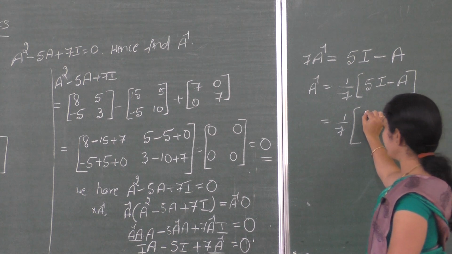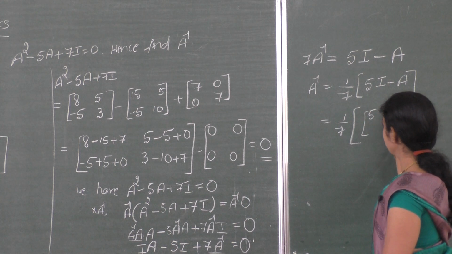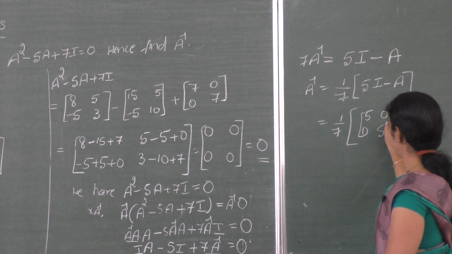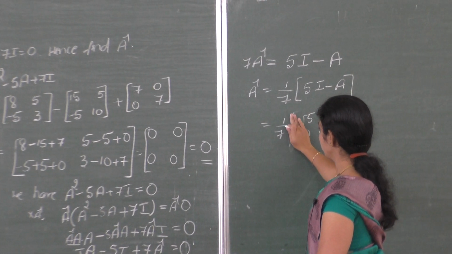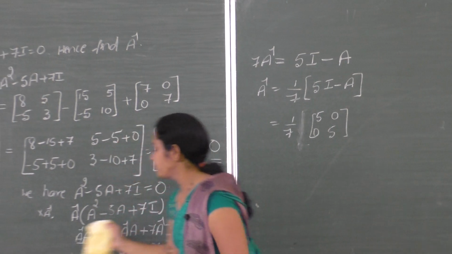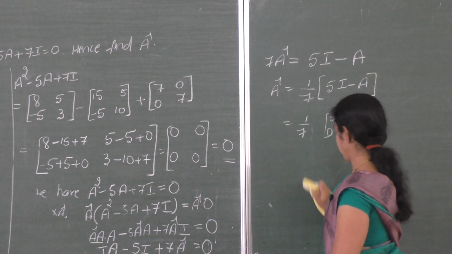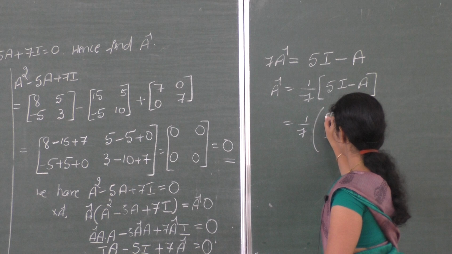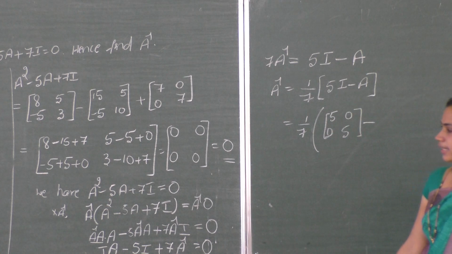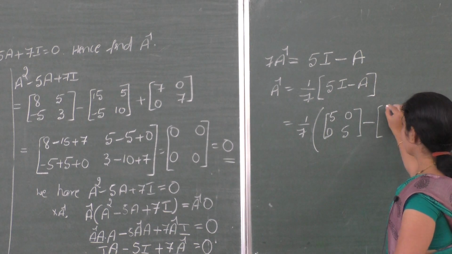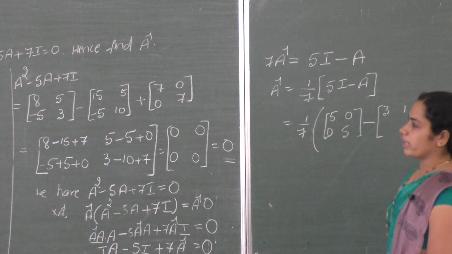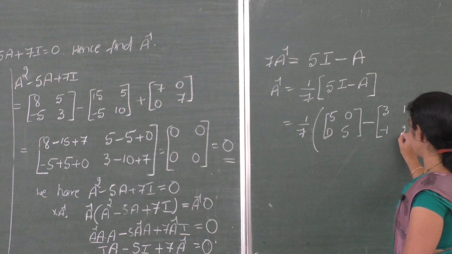Now this is equal to 1 by 7 into 5I. What is 5I? [5, 0; 0, 5], minus A. What is A? A is [3, 1; -1, 2].